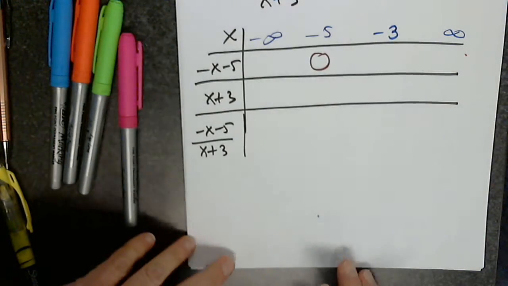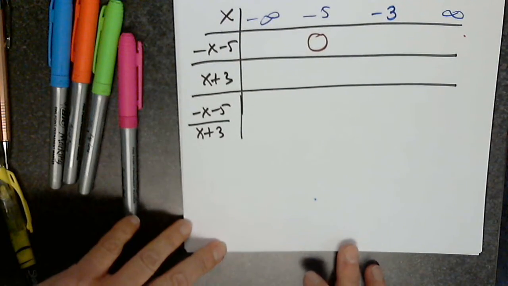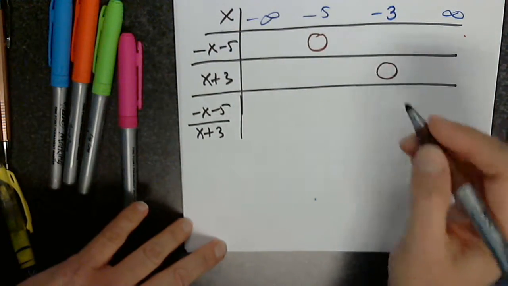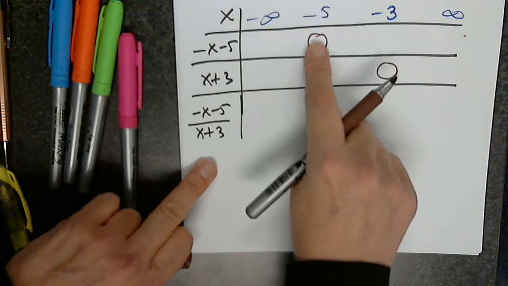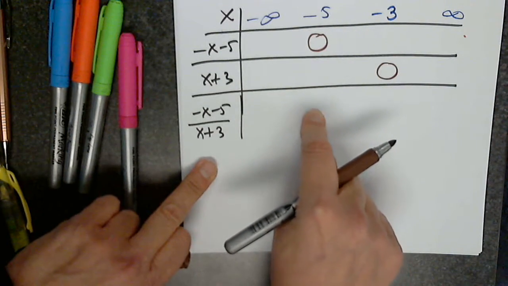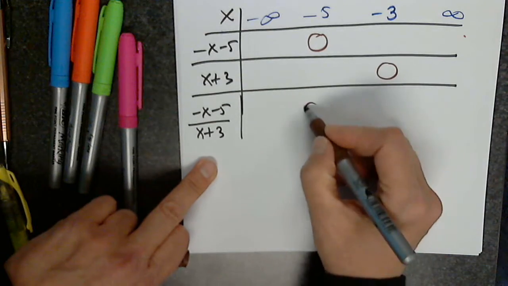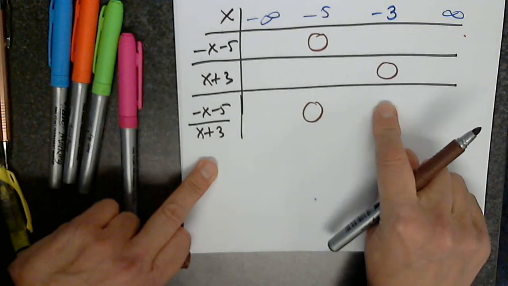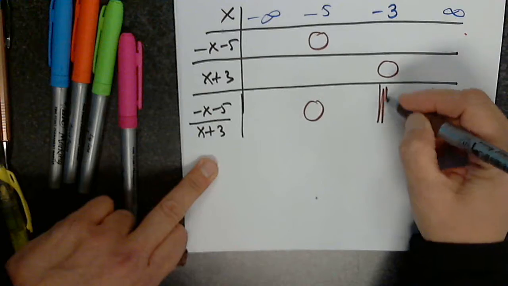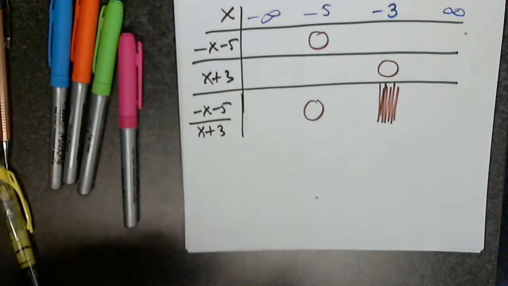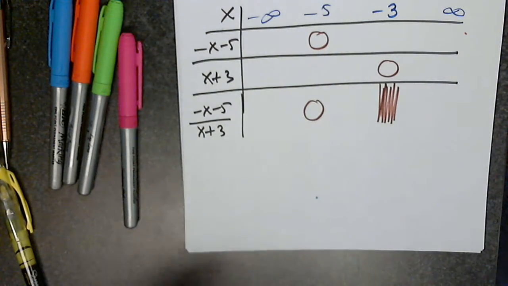On the negative 5. Where is the 0 for the second row? Obviously. So what will I write on the negative 5, please? Excellent. What will I write on the negative 3? Good. The first one has a negative leading coefficient.